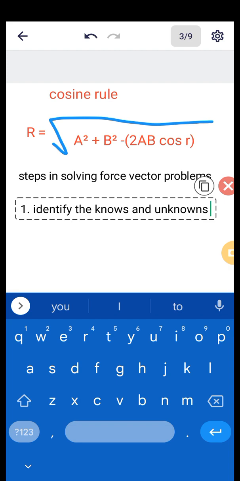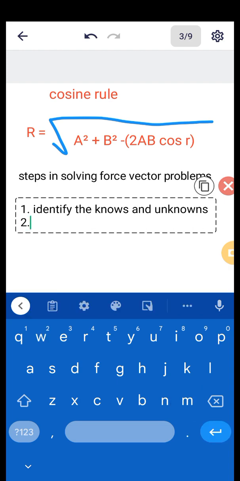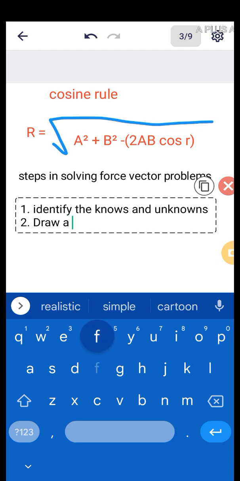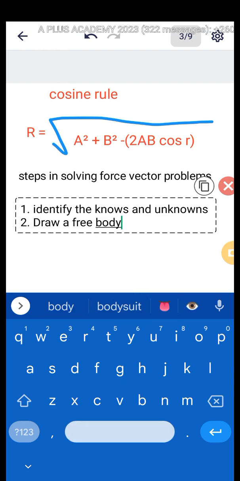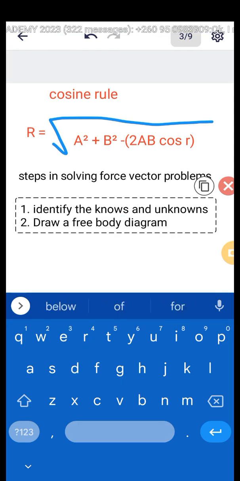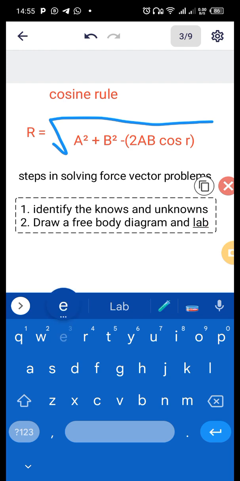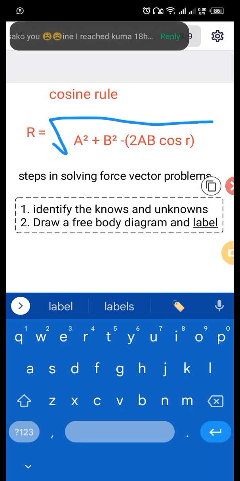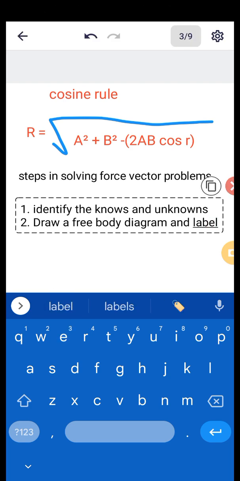The second step: draw a free body diagram, and label it.